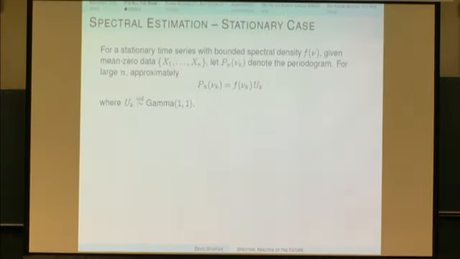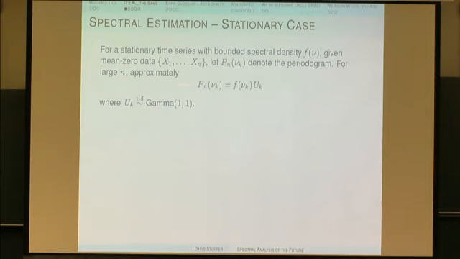Okay, so let me talk about this. Everything in the local stuff is based on stationary approximations, so this is how you do it in the stationary case. We have a univariate time series with a spectral density that's bounded, so life is nice.